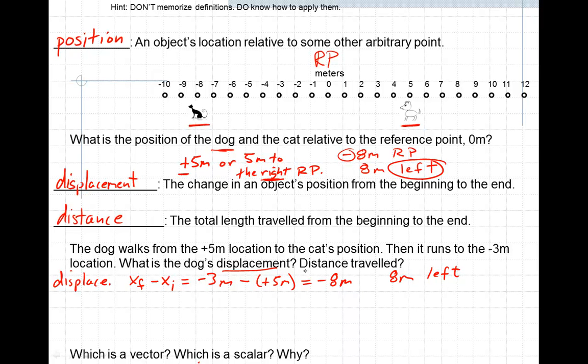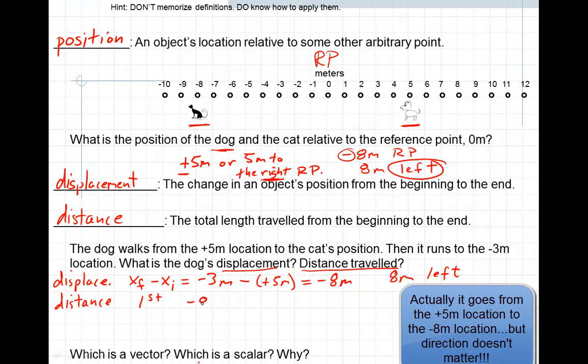Let's figure out what the distance traveled is. Okay, so there's two parts to the dog's travel, or little trip here. In the first part, it went 13 meters. It went from the -8 meter position to the +5 meter position. But for distance, direction doesn't matter.